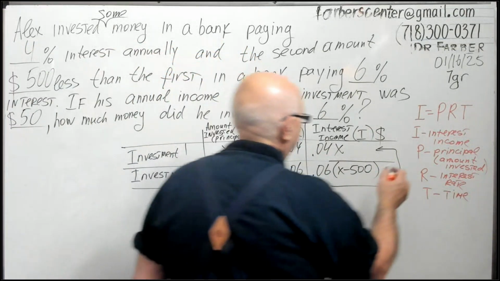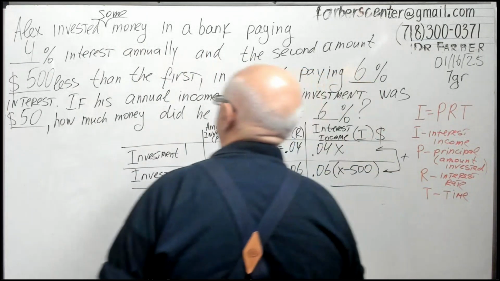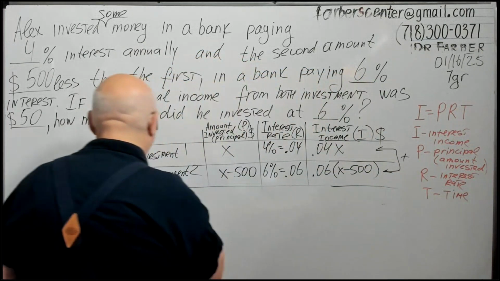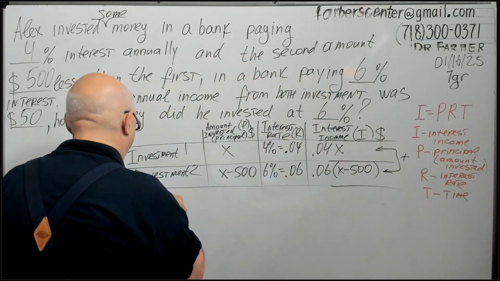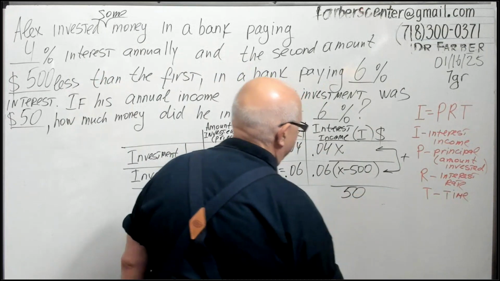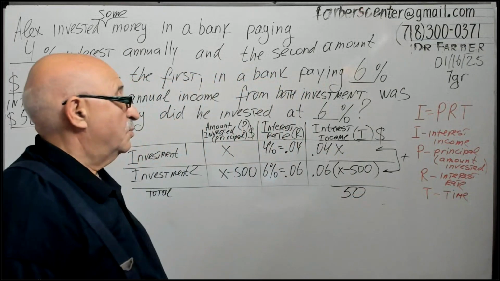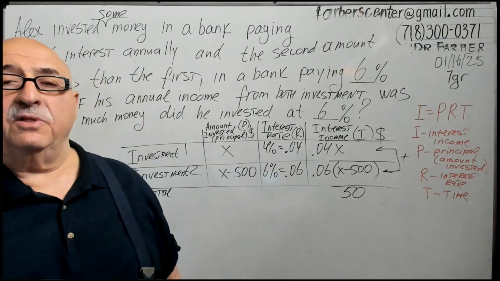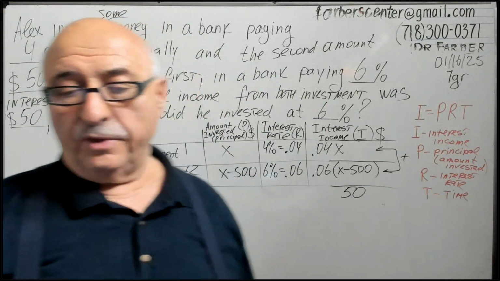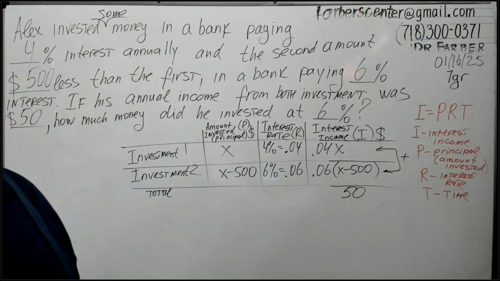If you add them up at the end of this year, you will get a total of $50. Practically, we do almost identical work to what we do for our mixtures. Who understands up to this point? 100%.